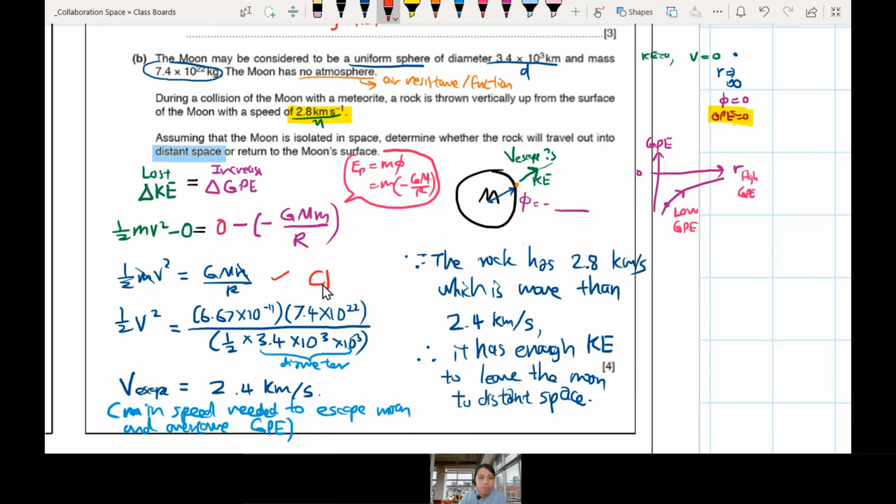This is the first one, C1 for equating. Second one, if you sub in the correct values, half of the diameter, 6.67, and the mass. And lastly, if you get 2.4 or some value, this is the compare velocity method, and you write a statement comparing 2.4 with the 2.8. That's B1.